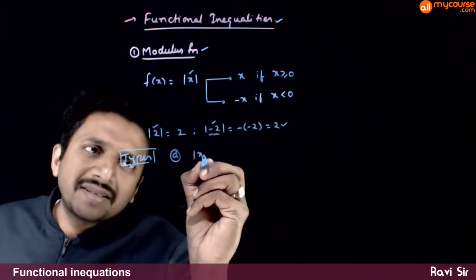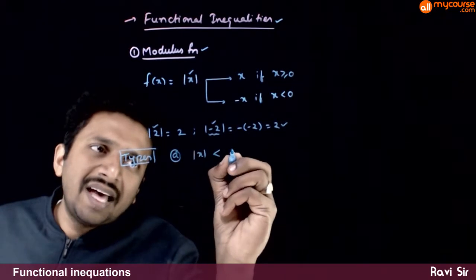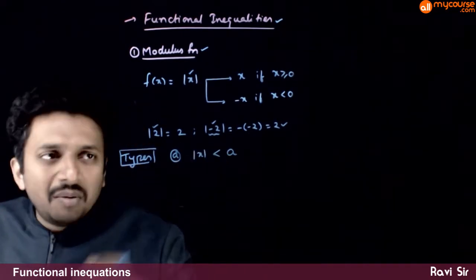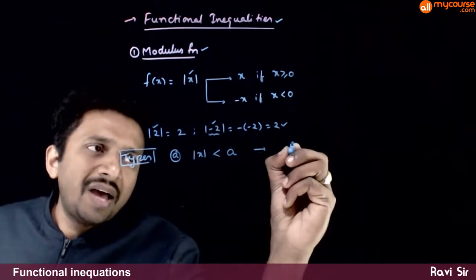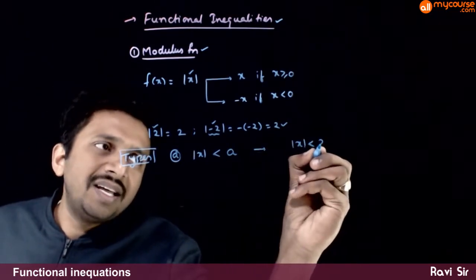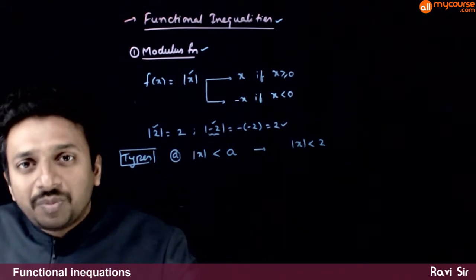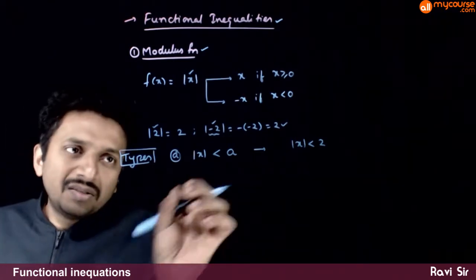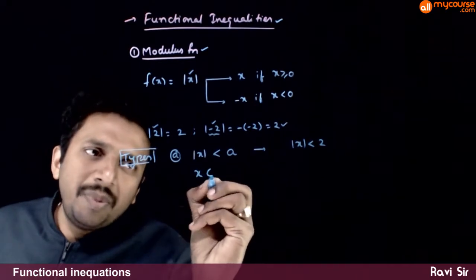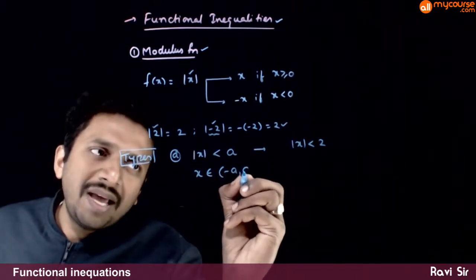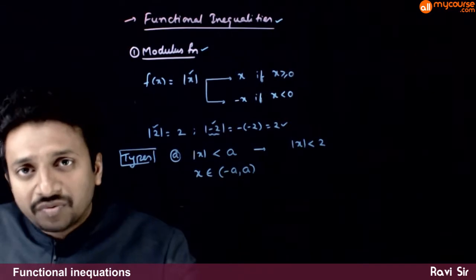Mod x is less than a. For example, if you have mod x is less than 2, what should be the solution for this? If mod x is less than 2, then x belongs to the set minus a to plus a. That's the solution for this.